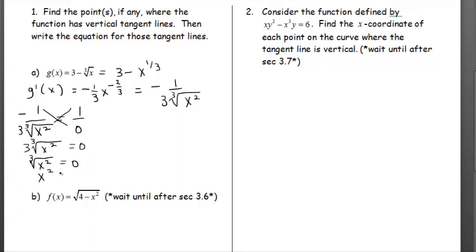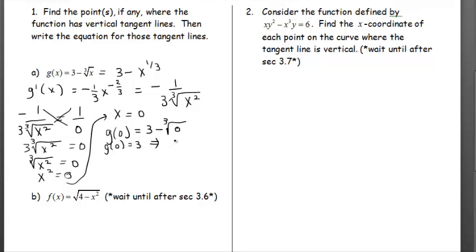Cube both sides. And find the square root. That's the x-coordinate at which I have a vertical tangent. So let me find the y-coordinate. They did give me a regular equation. So wherever I have x, I'm going to replace it with 0. So my y-coordinate is 3.